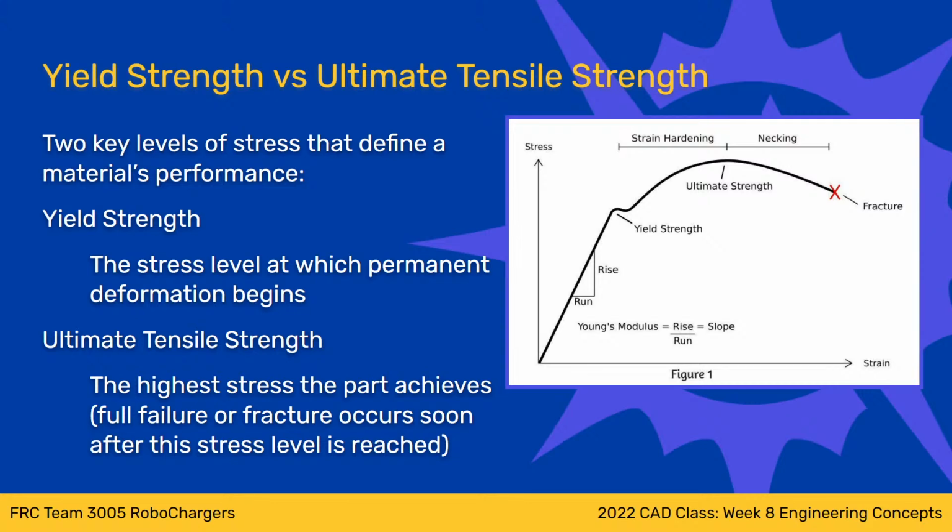Remember that I said that anytime you stress a material, you will get strain, right? However, generally speaking, once you relax that stress, that strain will go back to zero. It'll go back to its original shape.